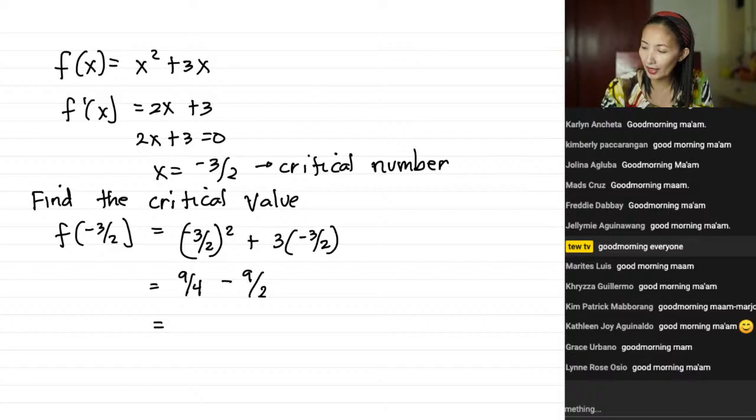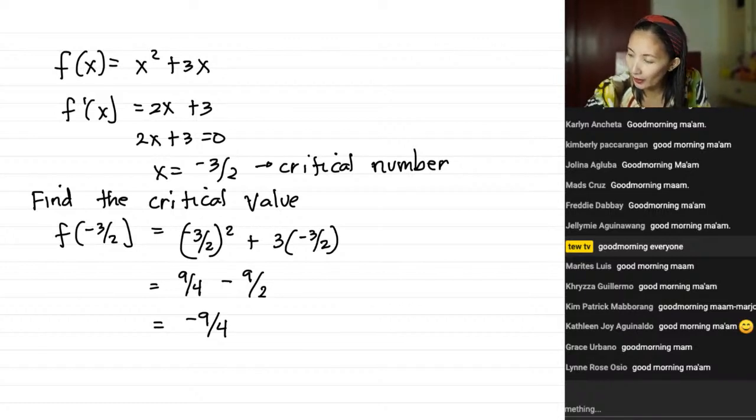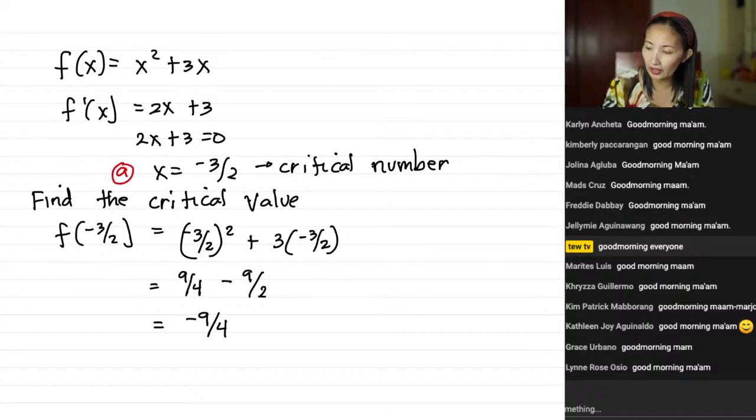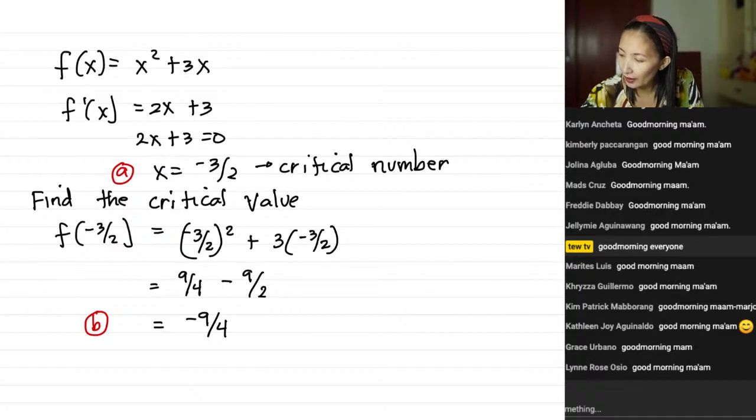And 9 over 4 minus 9 over 2 is negative 9 over 4. So, we're done with step A. Step A is identifying the critical number. Step B is finding the critical value. And we proceed to letter C.